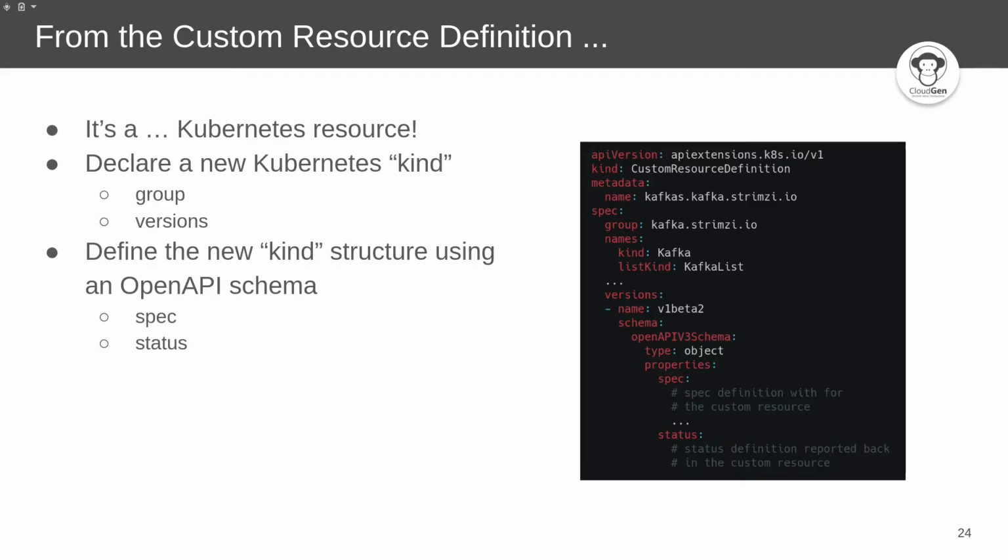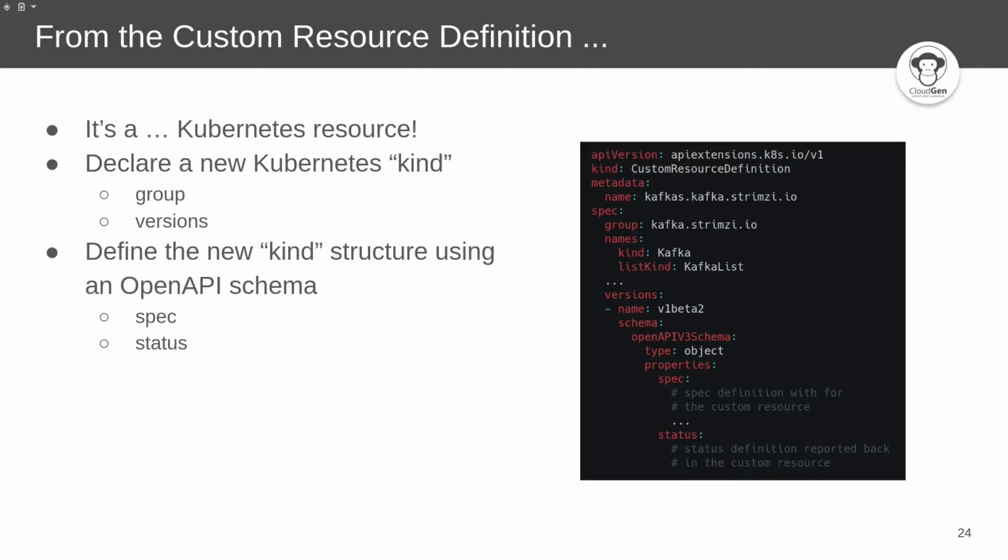From this custom resource definition, I add a so-called extension point in the API server, so the API server is now able to recognize that there is a new resource, so there is a new endpoint, so an application can ask for a Kafka list, can ask for a specific Kafka custom resource, as we ask for pods or replica sets.